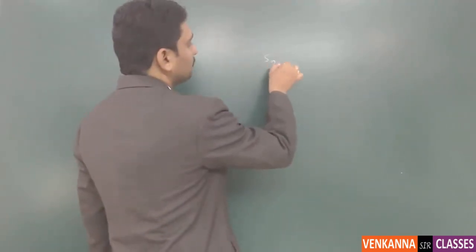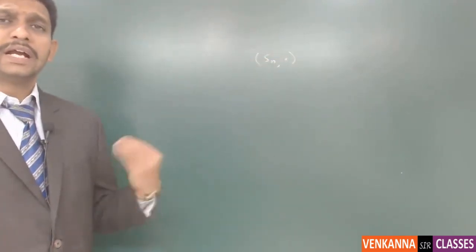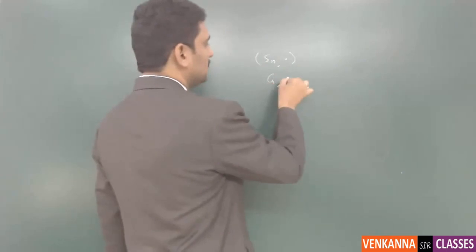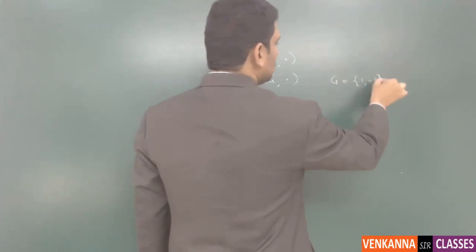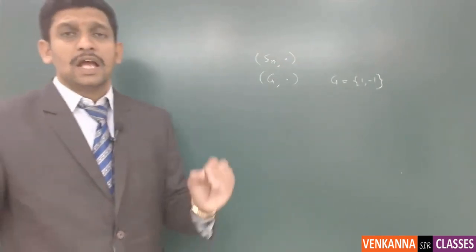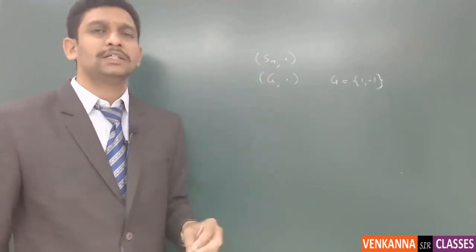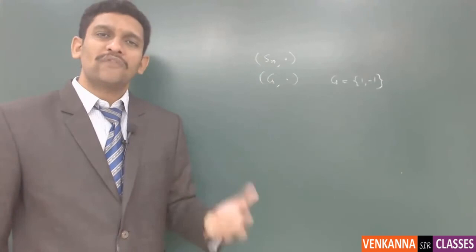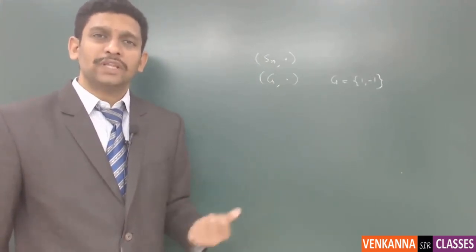So we have a group Sn with the operation circle. Now you take another group G, dot, where G is equal to {1, minus 1}. Here my intention is to construct a function from Sn to G which is a homomorphism as well as an onto function. Why am I going to define that?